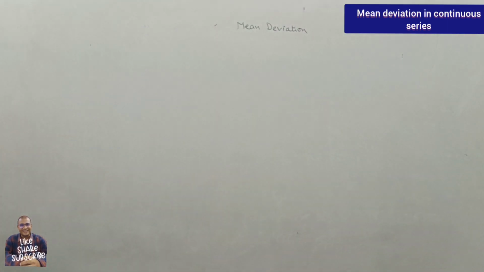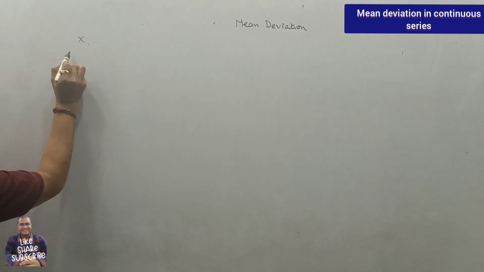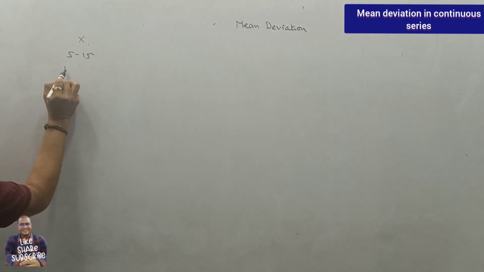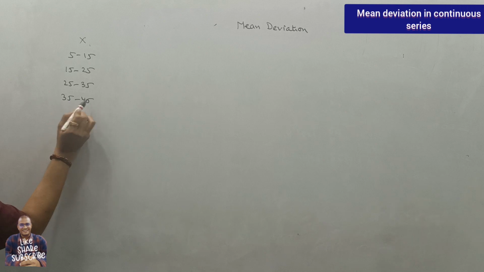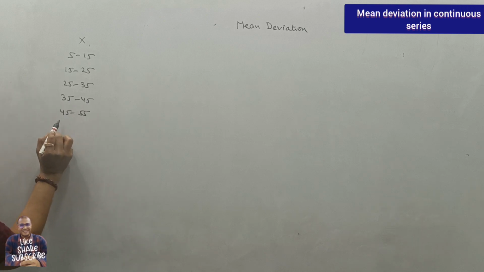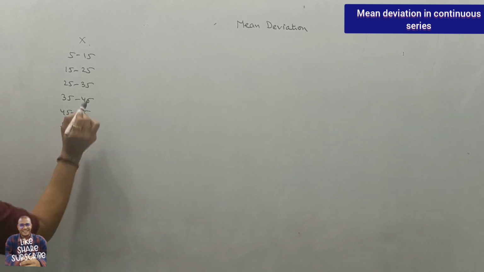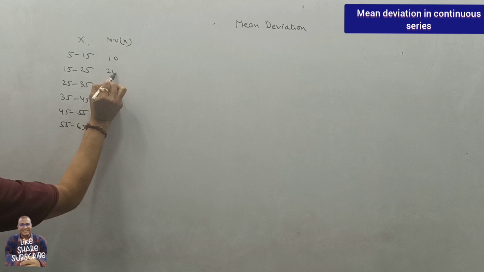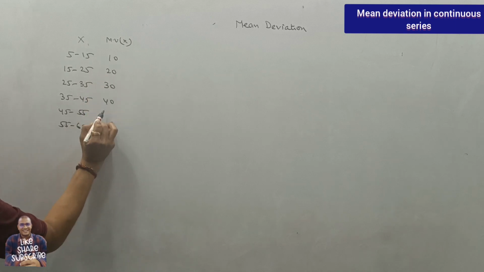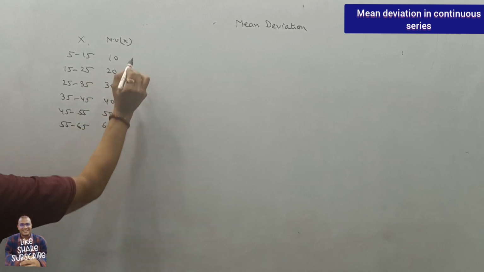The class intervals are given: x is 5 to 15, 15 to 25, 25 to 35, 35 to 45, 45 to 55, and the last one 55 to 65. The very first thing we have to calculate is the mid value of x, that is 10, 20, 30, 40, 50, 60.